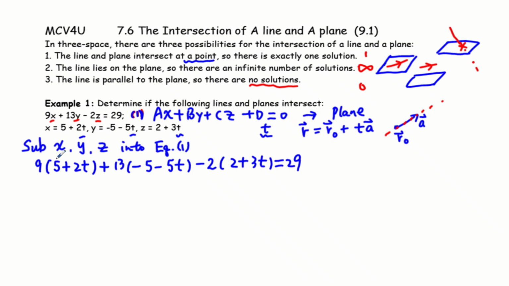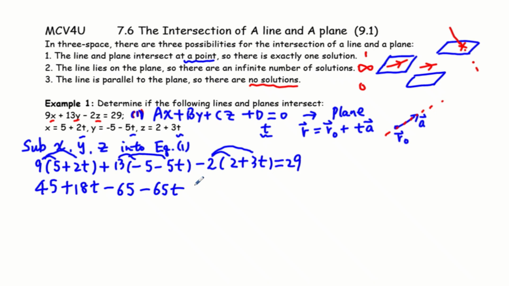So now we are going to get rid of the brackets by expanding. The reason why we want to do it is because we want to collect the like terms. When the terms are in brackets, we are not able to collect them. So 45 plus 18t from 9 times 2, then 13 times negative 5 is negative 65, then minus 65t.